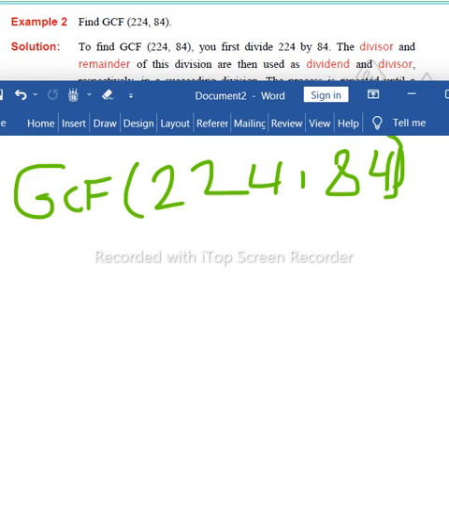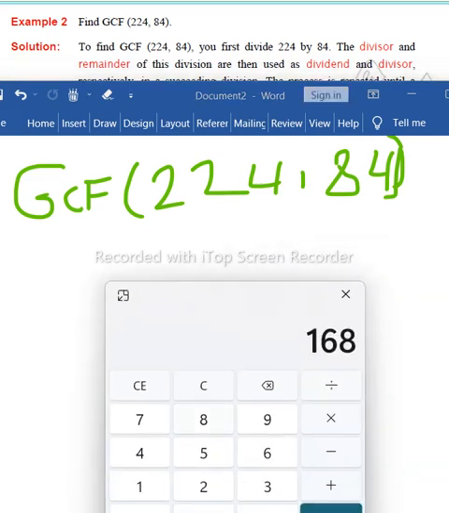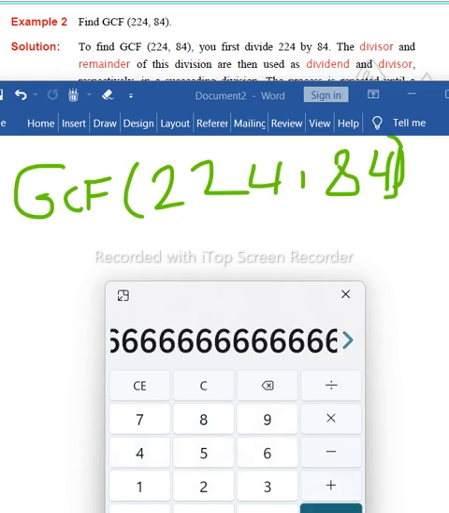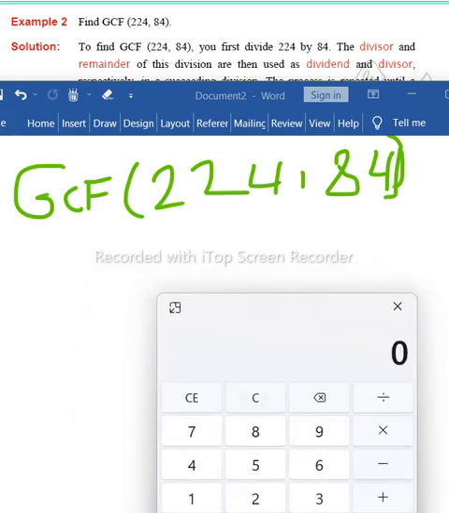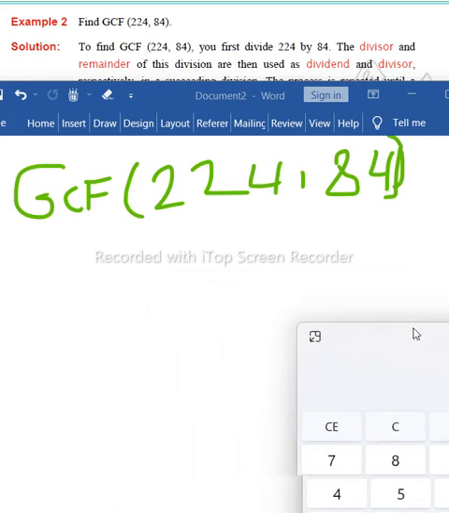When we divide this number by 84, we can now use a calculator to get the remainder. 224 divided by 84: we can calculate without a calculator, but as we see, 2 times 84 is equal to 168, and 224 minus 168 is equal to 56. So the remainder is 56.